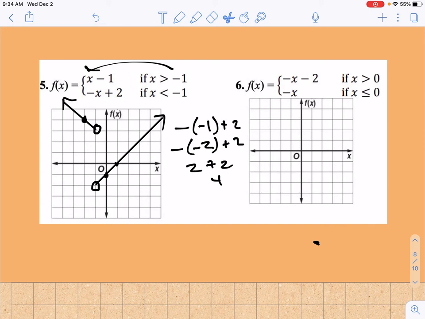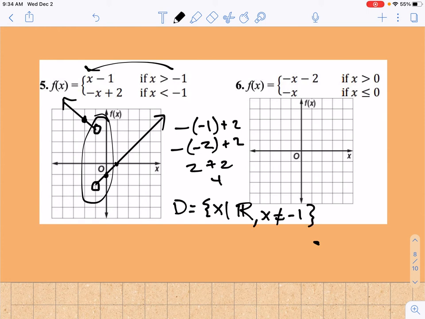Okay, and the domain and the range for this one are kind of tricky, all right? So the domain is all real numbers, right? So I would say for x, it's all real numbers, except that it doesn't actually include the value of -1. So you would say x cannot equal -1.